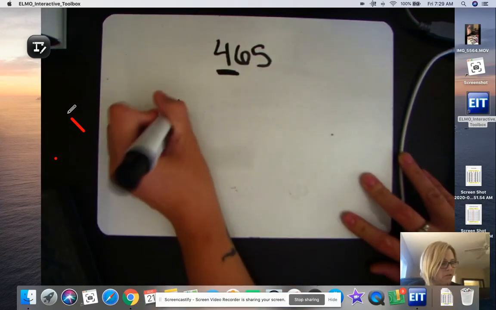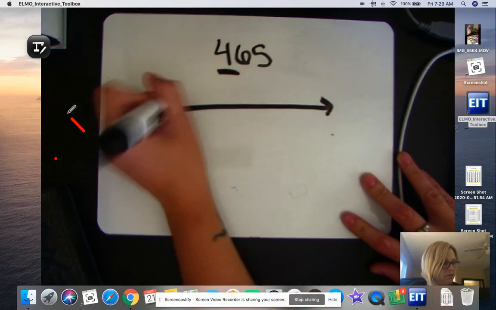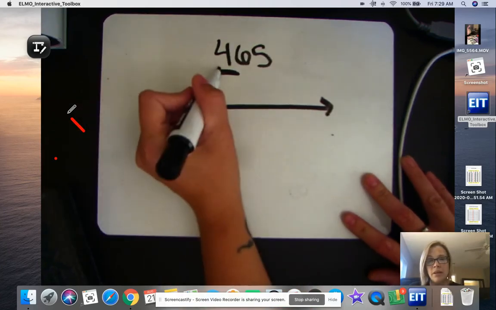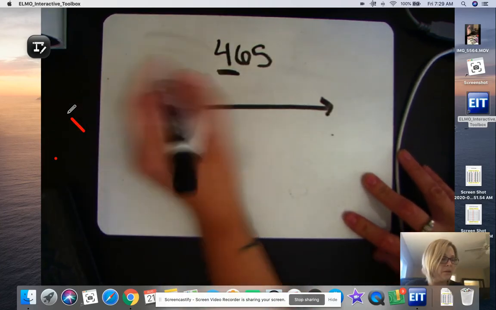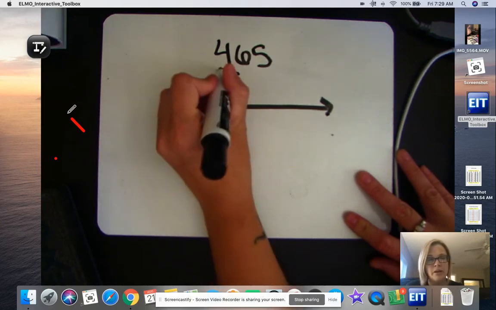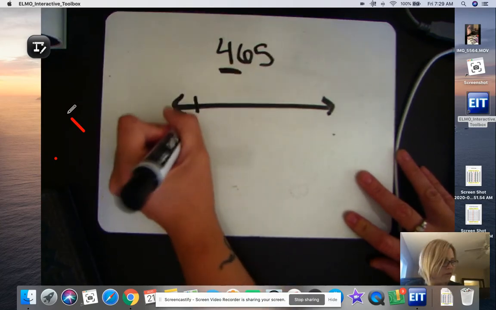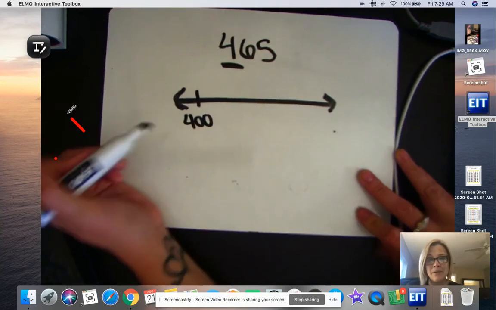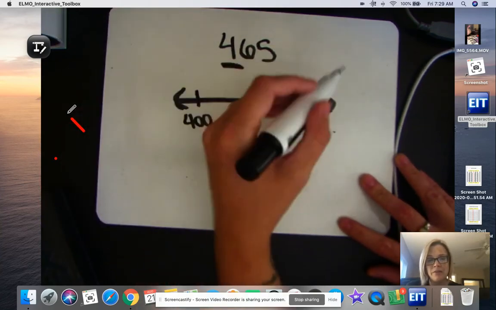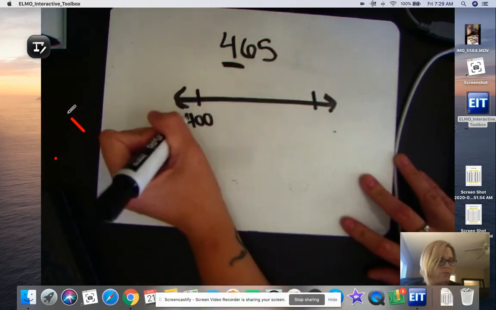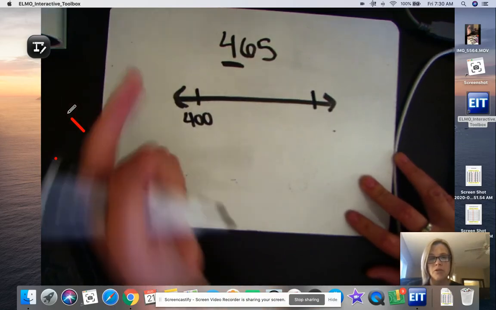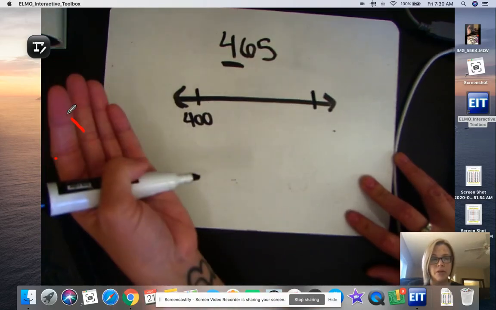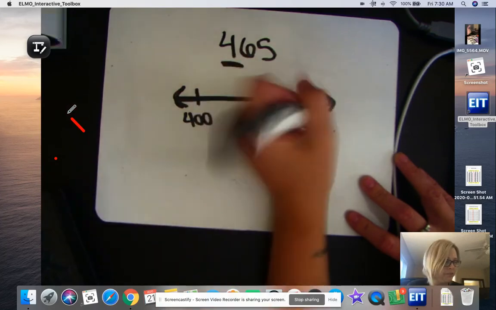I'm still going to draw my benchmark, only I'm focusing on the hundreds. So my first benchmark will be the hundreds that I can see, 400. My second benchmark will be the next greater 100. So when we're counting by hundreds: 100, 200, 300, 400, 500.